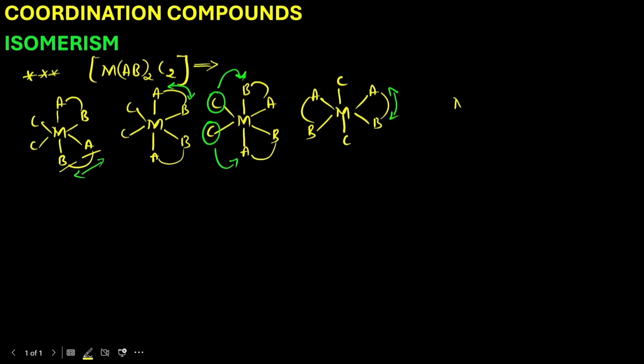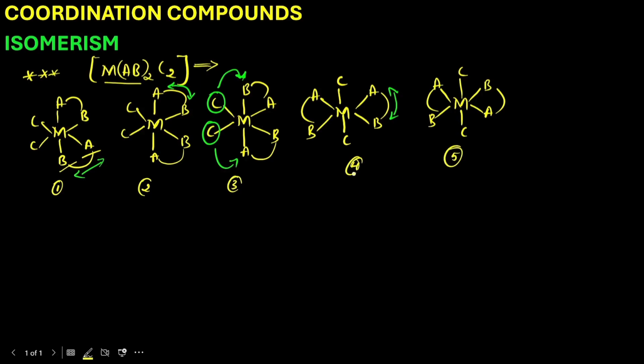So we get M, here C, here B, A, and here A, B. This is structure 1, 2, 3, 4, and 5.